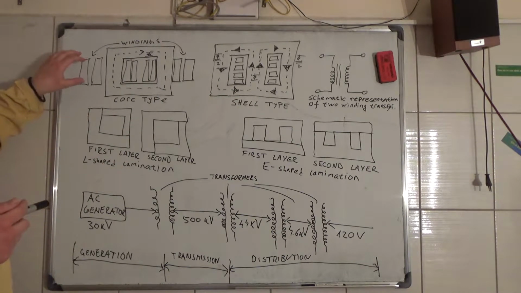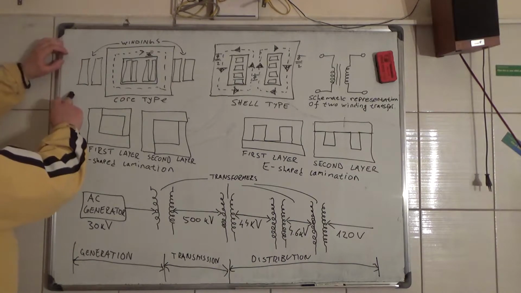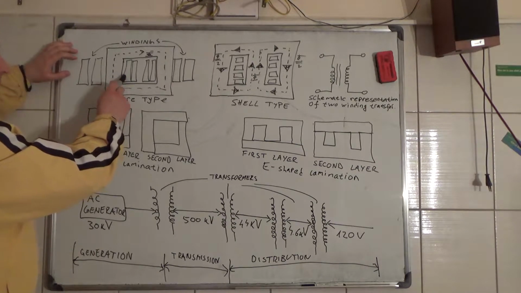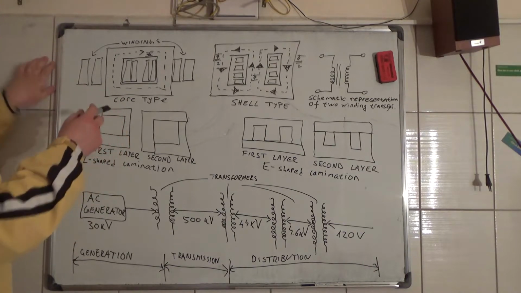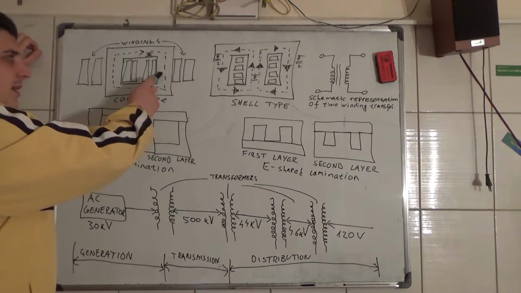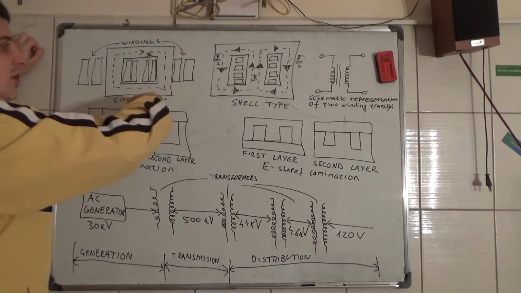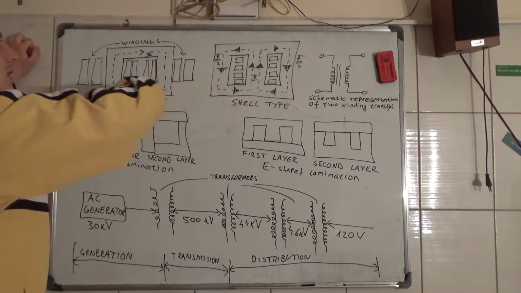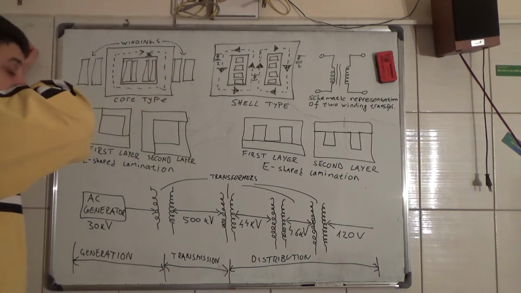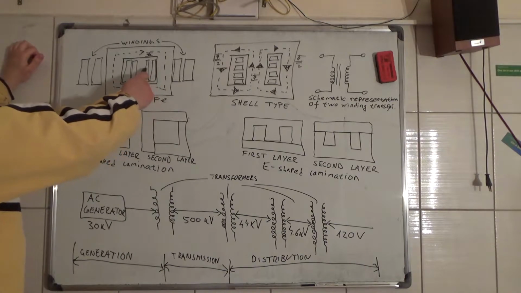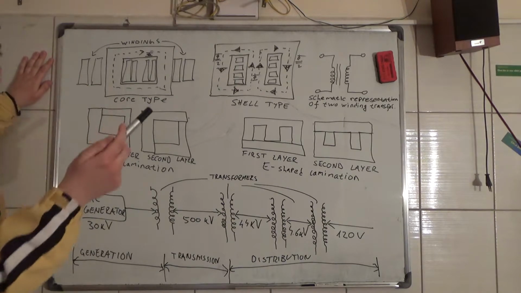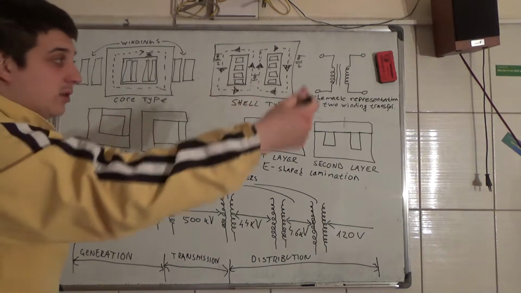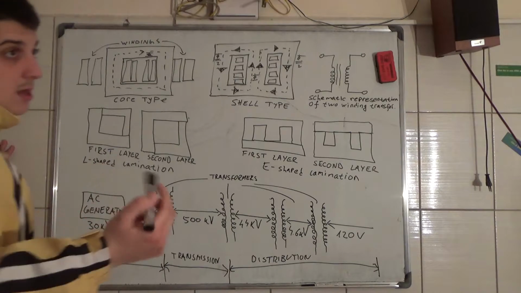Now, if we have energy that goes into a winding, we say that that is the primary winding. And if we have a winding where the energy goes out, that is the secondary. So energy goes in, that's the primary, and where the energy goes out, it's called the secondary.